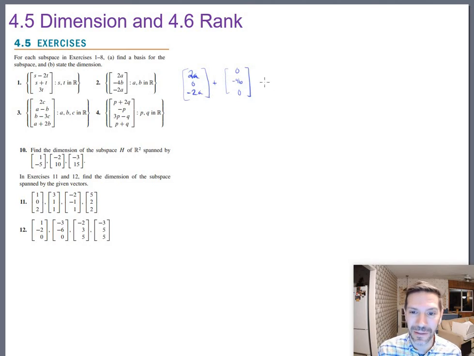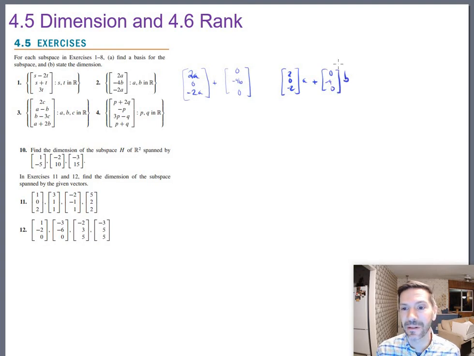And if you really need to drive the point home, you can say this is 2, 0, negative 2 times a plus 0, negative 4, 0 times b. So it really is the span of these two vectors, all linear combinations of these two vectors, which means that these two vectors are a basis for the subspace.